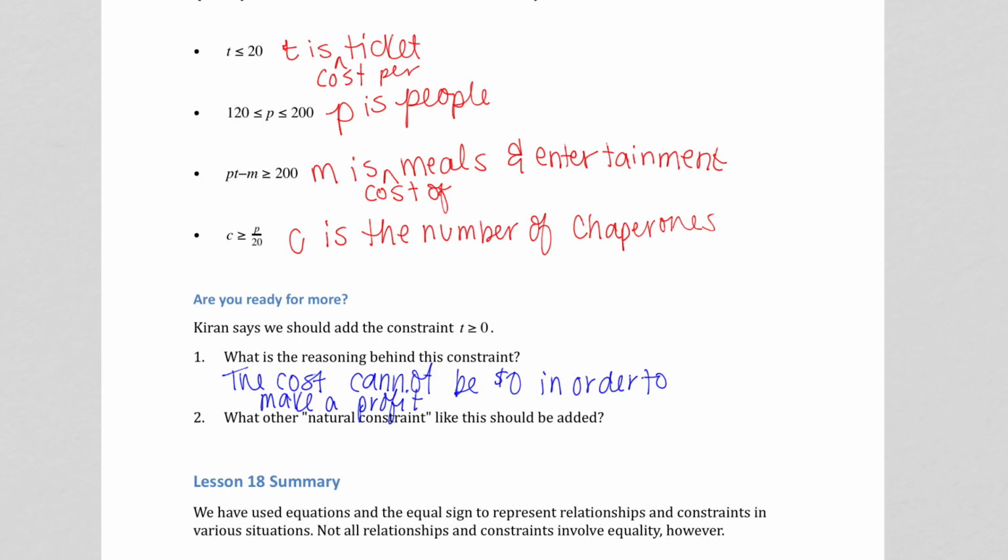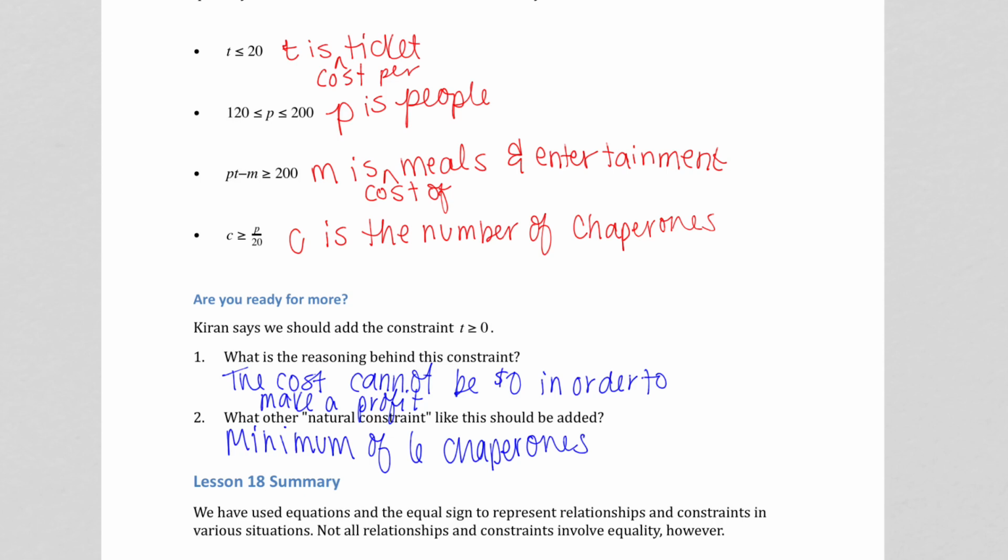So what's the minimum we would have for chaperones then? If we have 120 students or people, there'd be 6 chaperones, right? Okay, so a minimum of 6 chaperones.